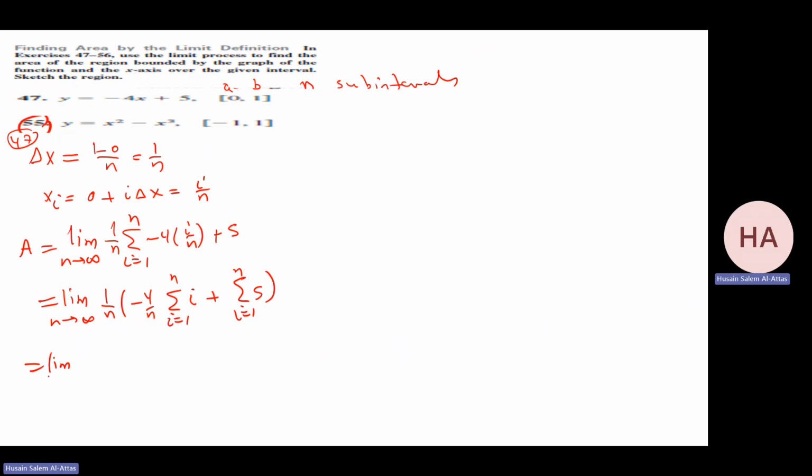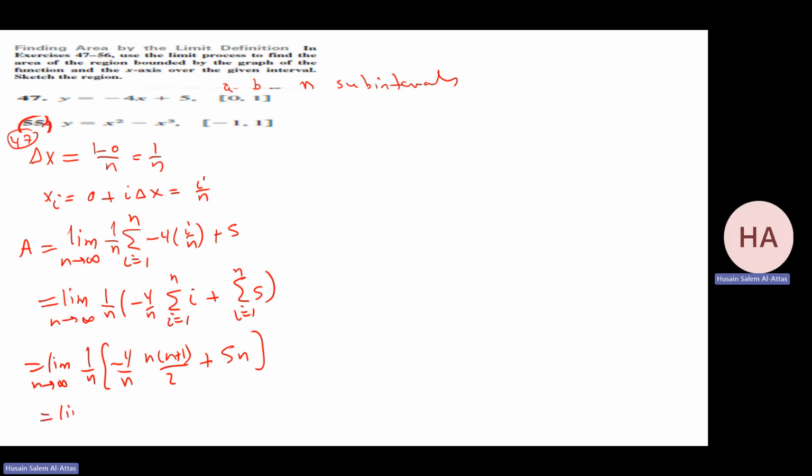That gives me the limit as n goes to infinity of 1 over n times, I have minus 4 over n, this is n plus 1 over 2, plus 5n.